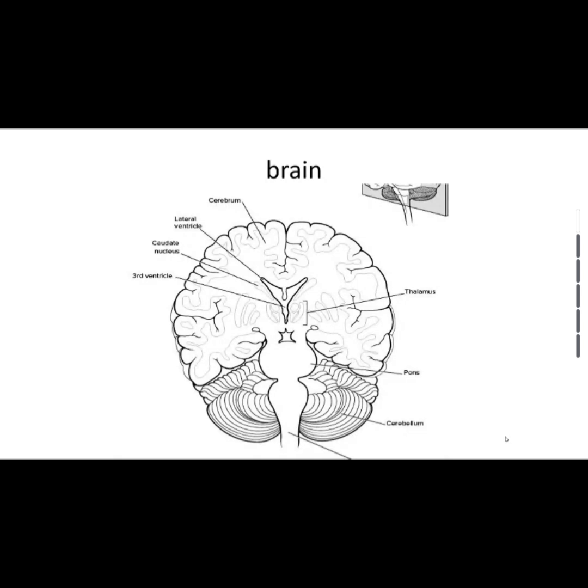Mostly the hypothalamus deals with hormonal control. That is where the pituitary gland is located. For example, the thyroid stimulating hormone and other hormones that control other organs within the body are controlled from the hypothalamus.